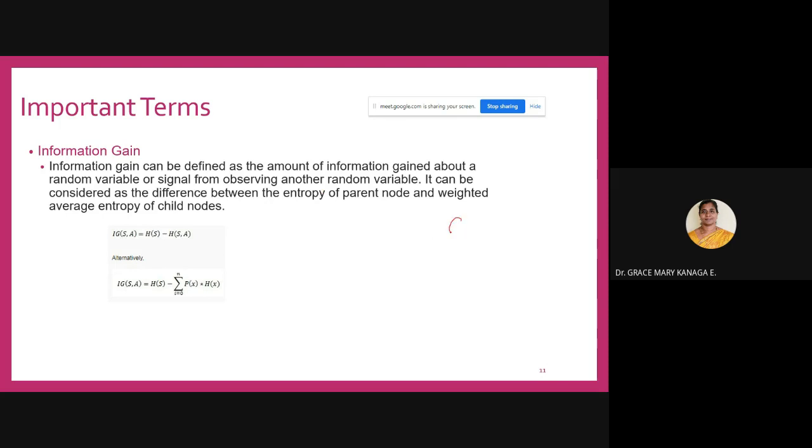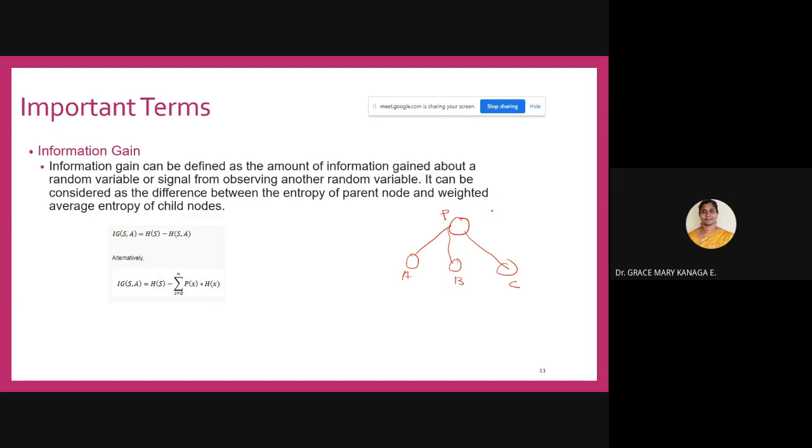Assume that P is the parent node and it has 3 children, A, B and C. How to calculate the information gain?